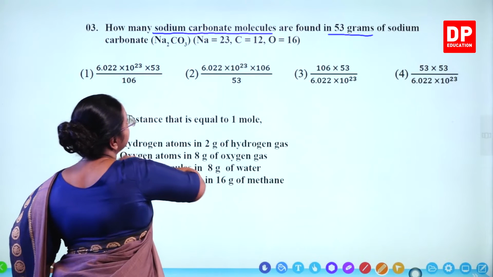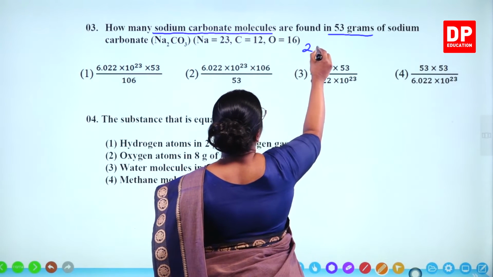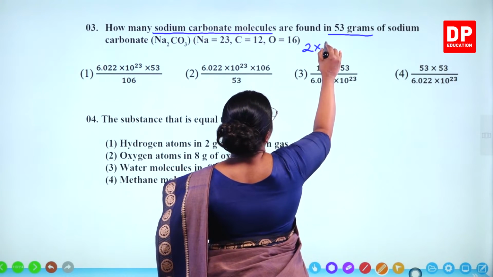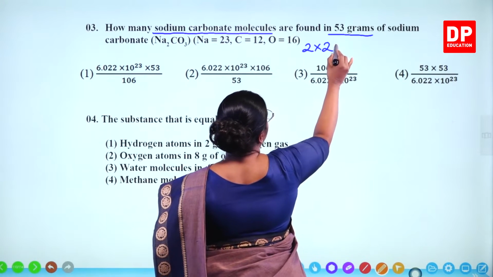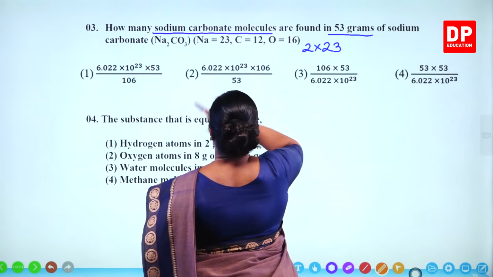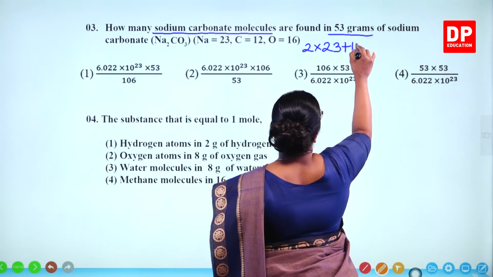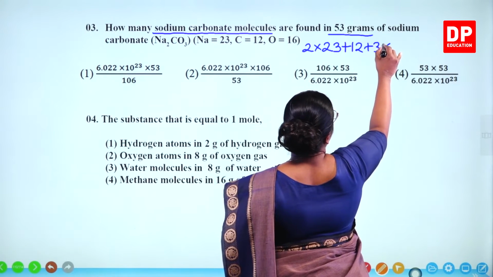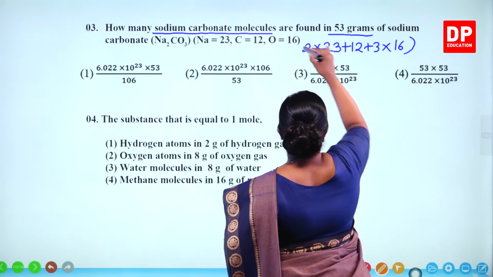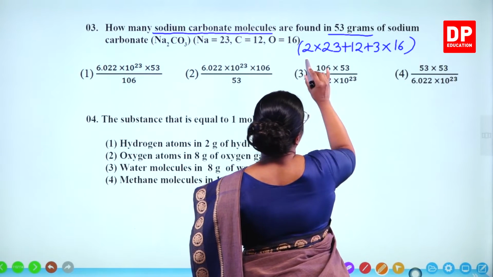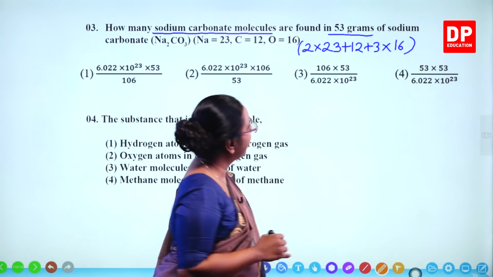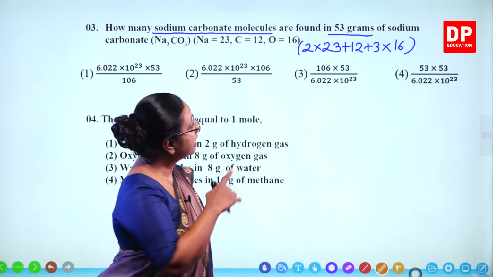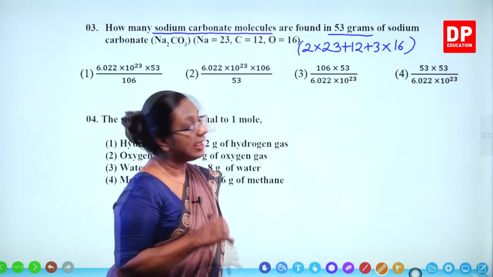Here you can see there are 2 sodium atoms. So 2 into the relative atomic mass, which is given to you: 2 into 23 plus 12. And there are 3 oxygens. So 3 into 16. If you calculate this, you will see 46 plus 12, 58, plus 48.